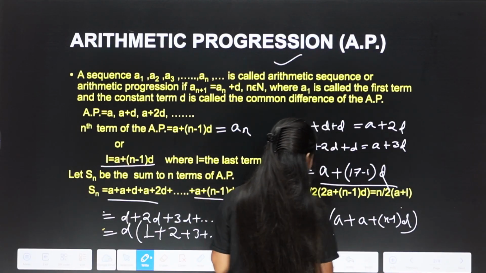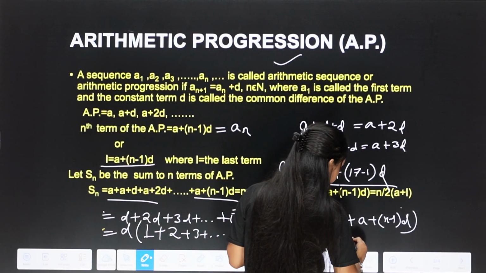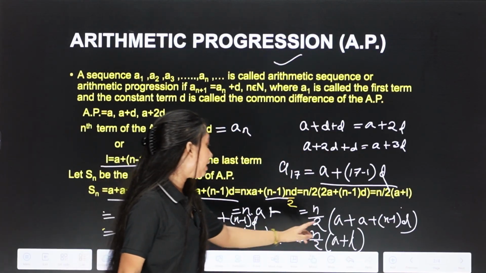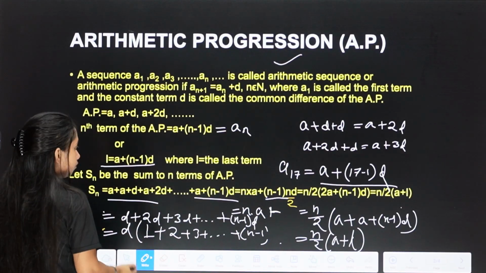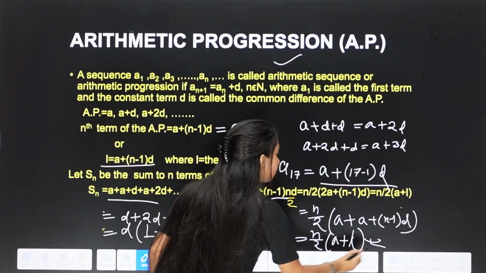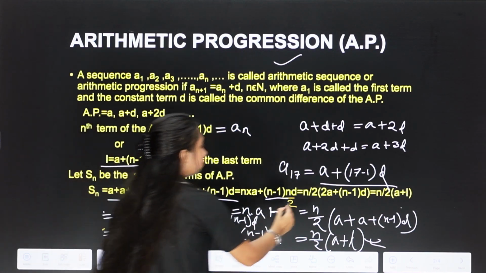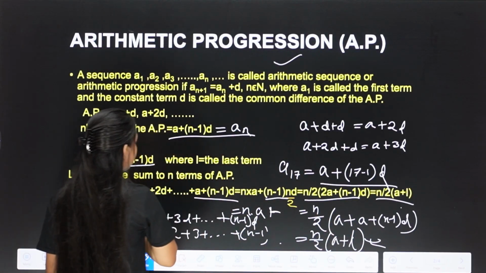So it will be n by 2 into a plus L, where L is the last term. If in the question we have the last term, we will use this formula to find the sum of the n terms. So we have this formula and this formula and this one also.